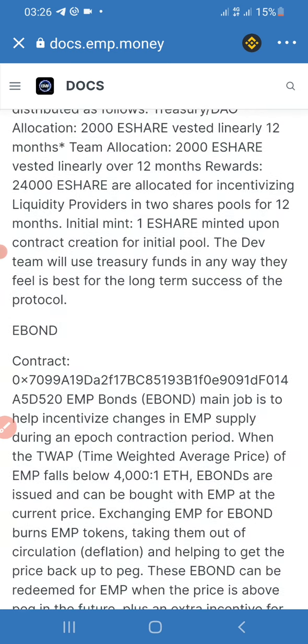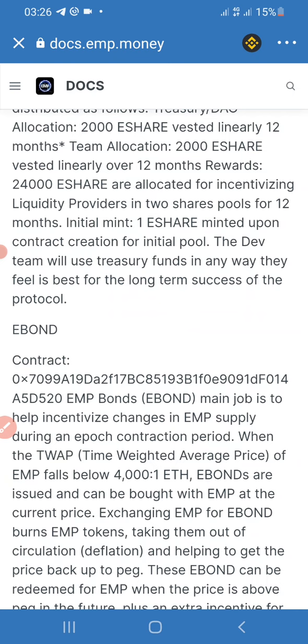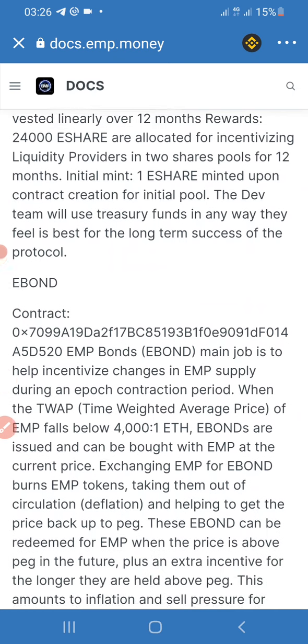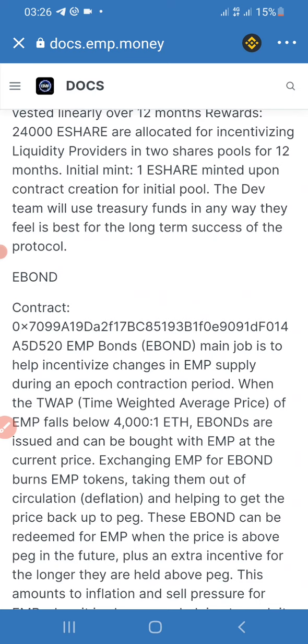And we have the EBOND, which means that it is the trust, it is the savers, and they believe that there is a long-term value of this stock. So how does it work here? The main job of this is that it will satisfy you. For example, if EMP is now doing 0.8, which means that it's now lesser than peg, because we want to stay at 1.01.